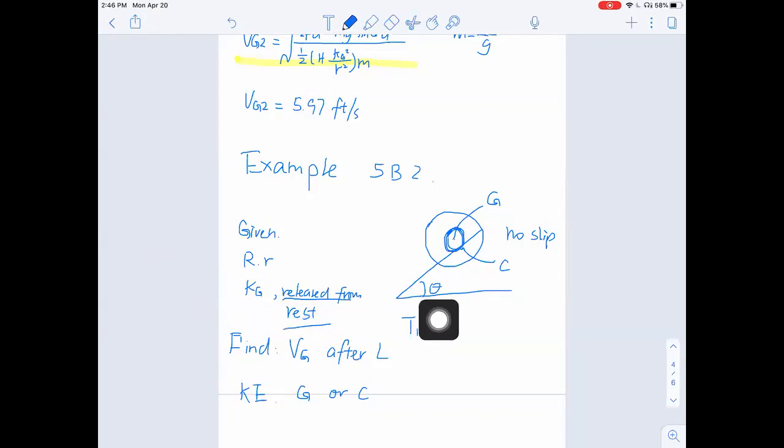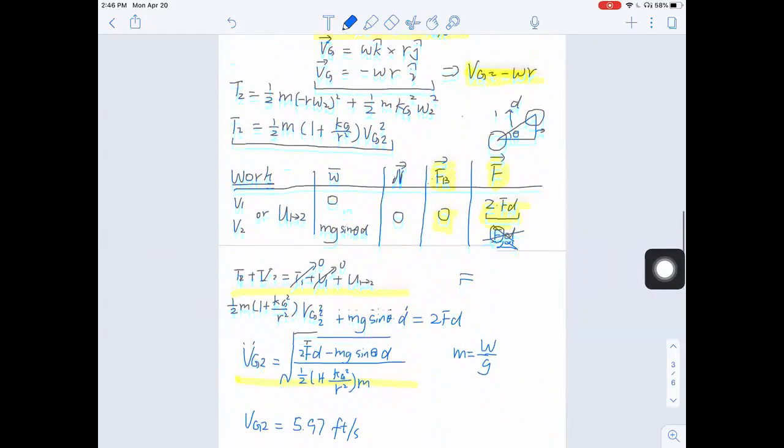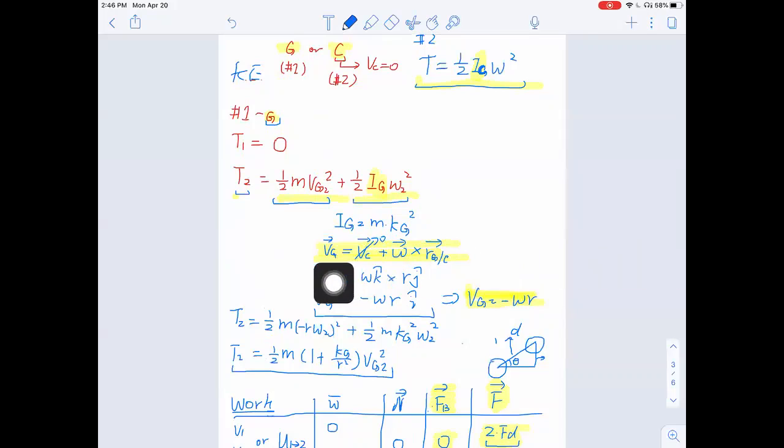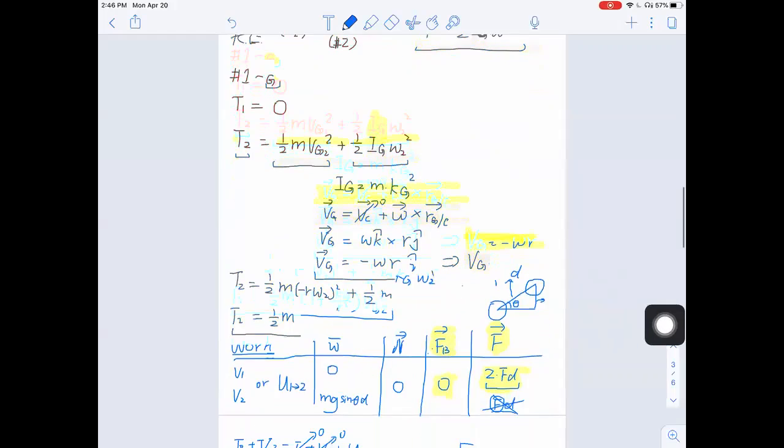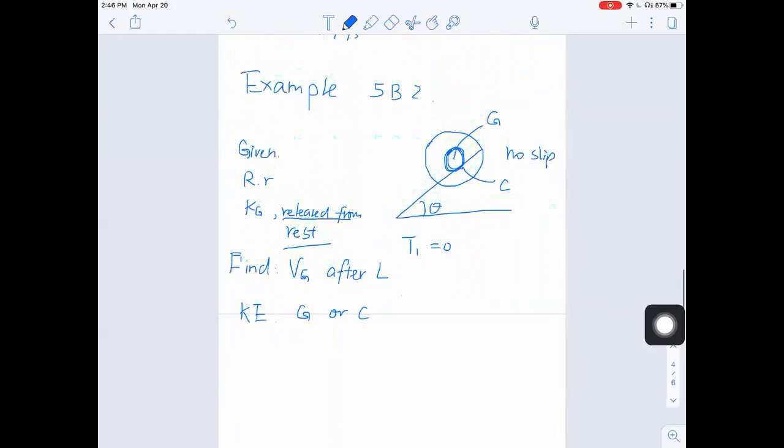Something we need from chapter 2, rigid body kinematics, is how we find the relationship between V_G and omega, similar to what we did here. In this example, we end up with V_G equals negative omega r. This is not a general conclusion, so do not just apply it to other problems, because in this problem the disk is rolling down the slope.